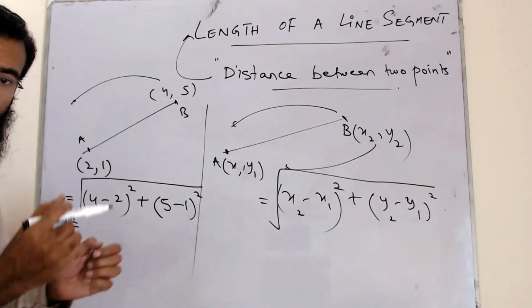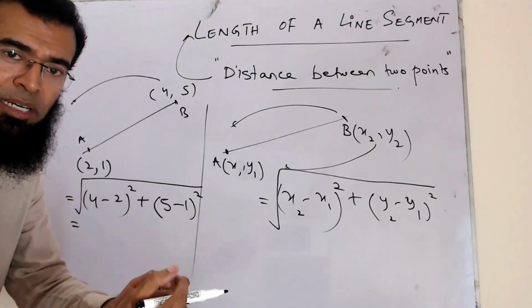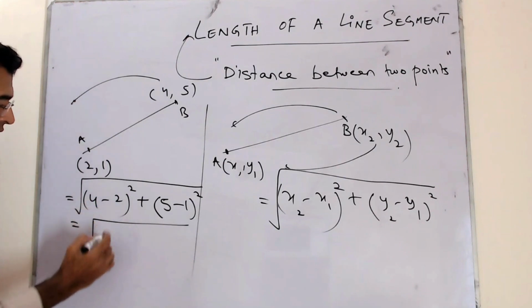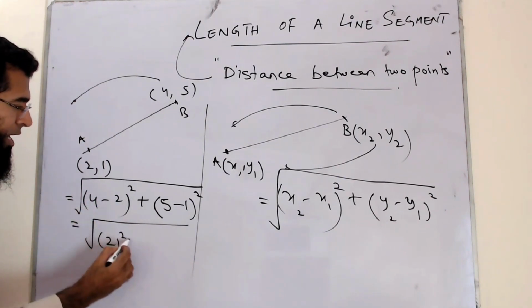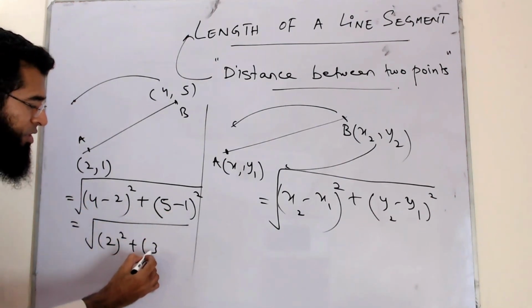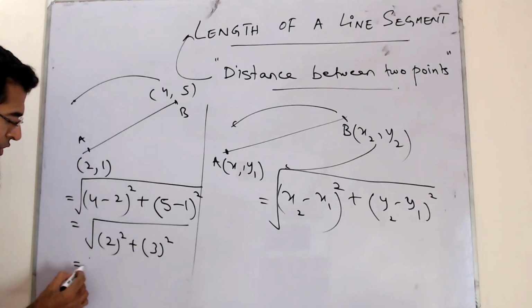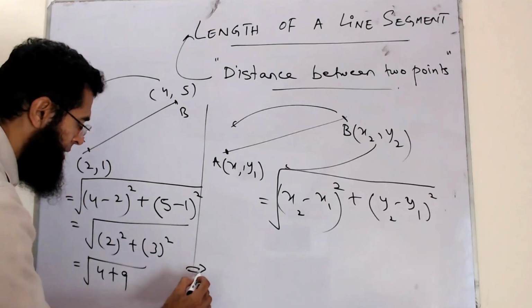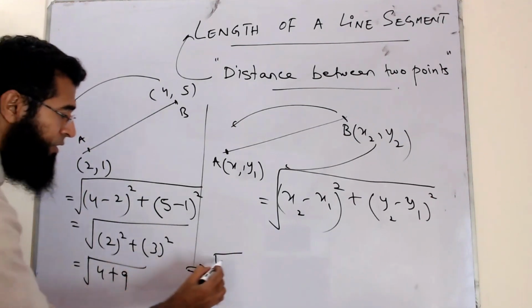Just simply pick up your calculator. So this is 4 minus 2 is 2 square plus 5 minus 1 is 3 square, which is 4 plus 9, and the answer is square root of 13.